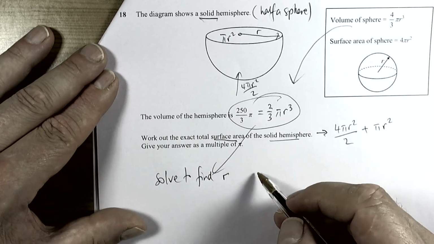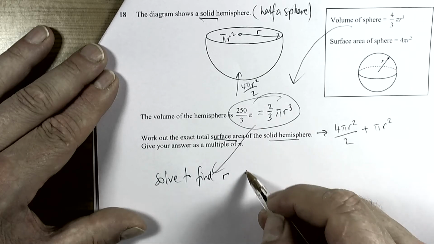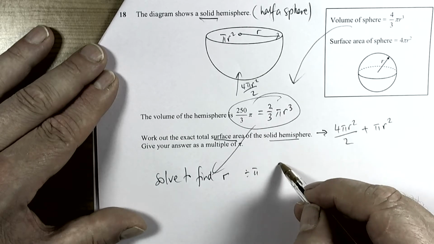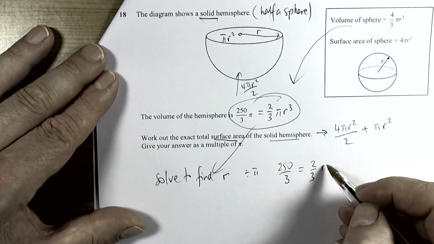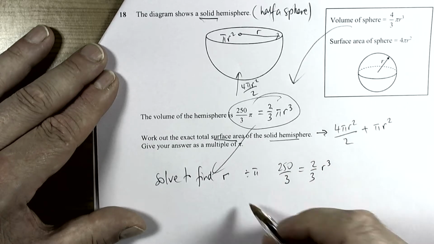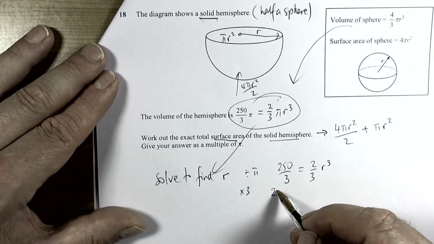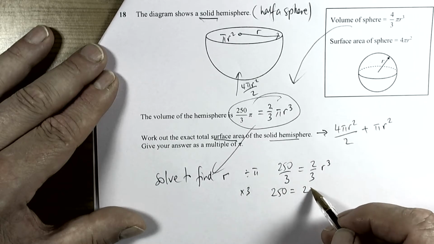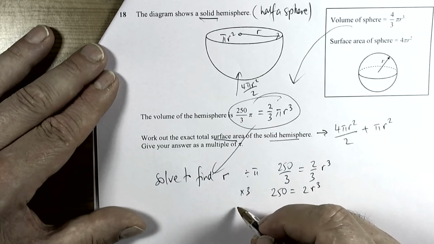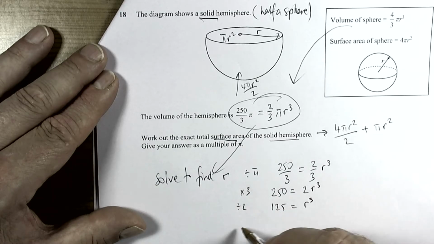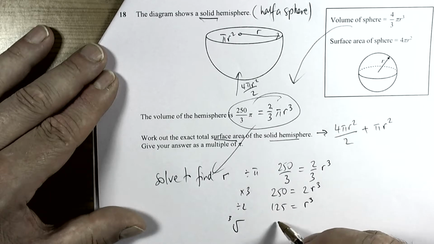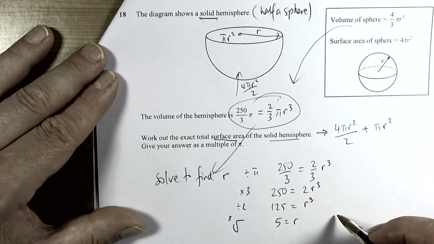Okay, so let's go for it then. We divide by pi, then we're left with 250 thirds equals 2 thirds r cubed. If we times by 3, then we're left with 250 equals 2r cubed, and then if we divide by 2, we're left with 125 is equal to r cubed, and then if we cube root, we're left with 5 is equal to r.